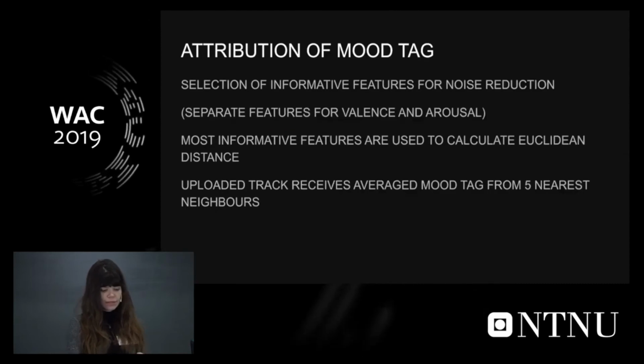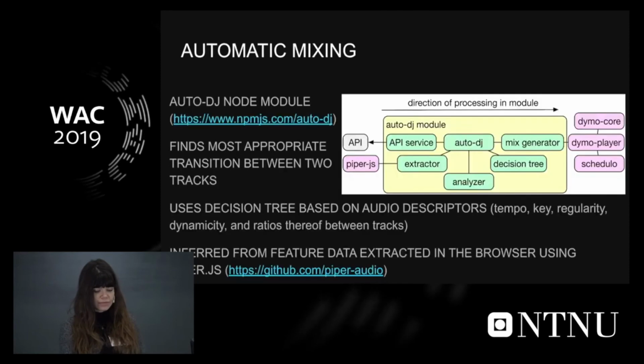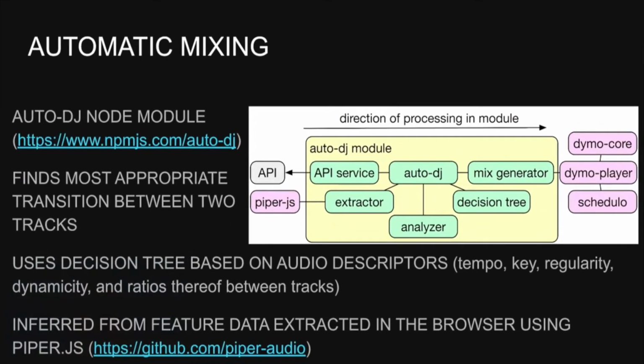And then another feature that this website has, it mixes the songs automatically into one another. So when this cursor is moving around on the MOODPLAY plane, there is an algorithm that mixes them automatically into each other. So I have not done this part, so I can't explain it in detail.